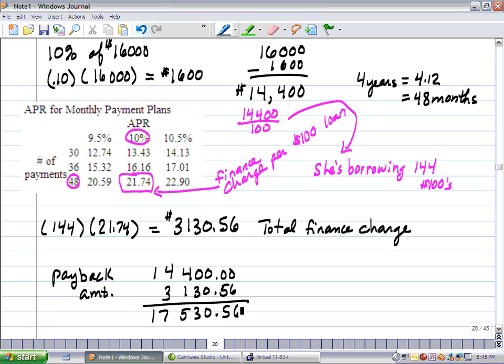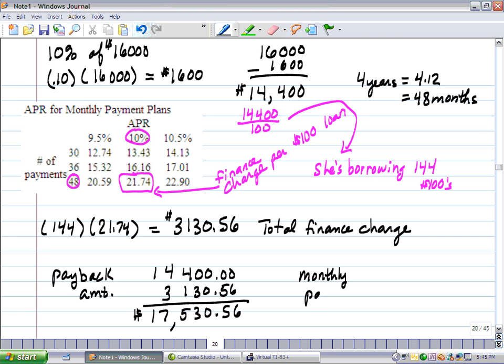It was easy enough. So she's got to pay back a total of $17,530.56, and she's going to do it over 48 months.